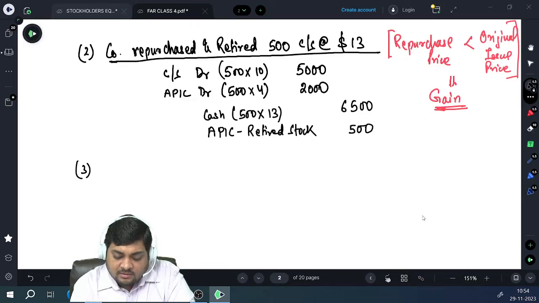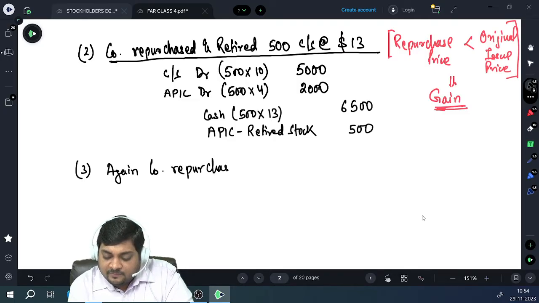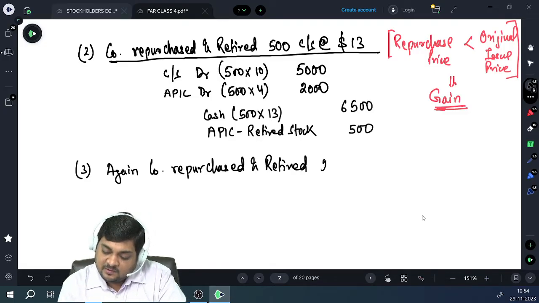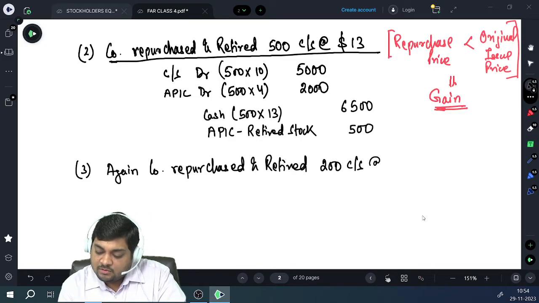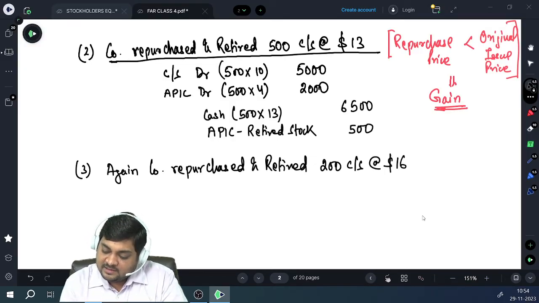Now again, company repurchased and retired 200 common stock at the rate 16.